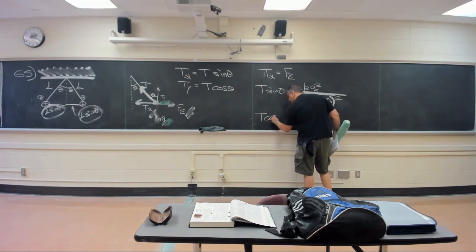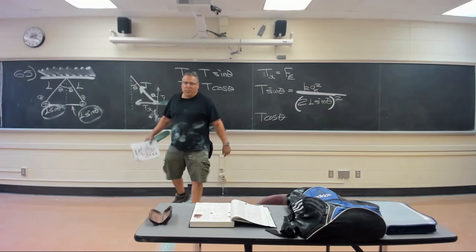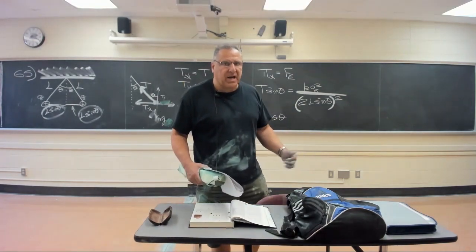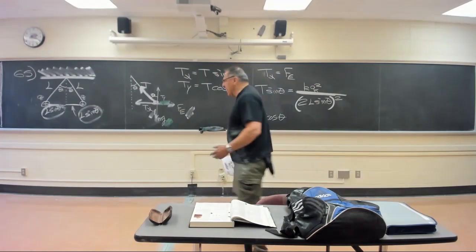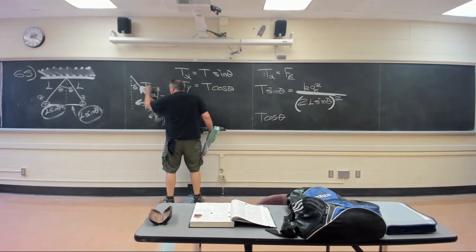Ty is T cosine theta. We're so used to x components being associated with cosine and y components being associated with sine. But if you do set it up, the x component has got to go this way. It's the same as this, right? And that's opposite of this.